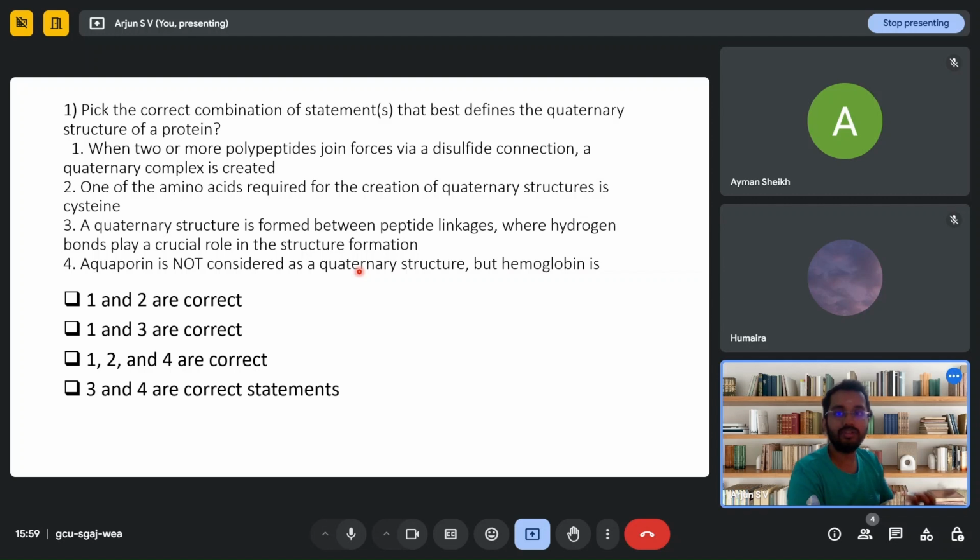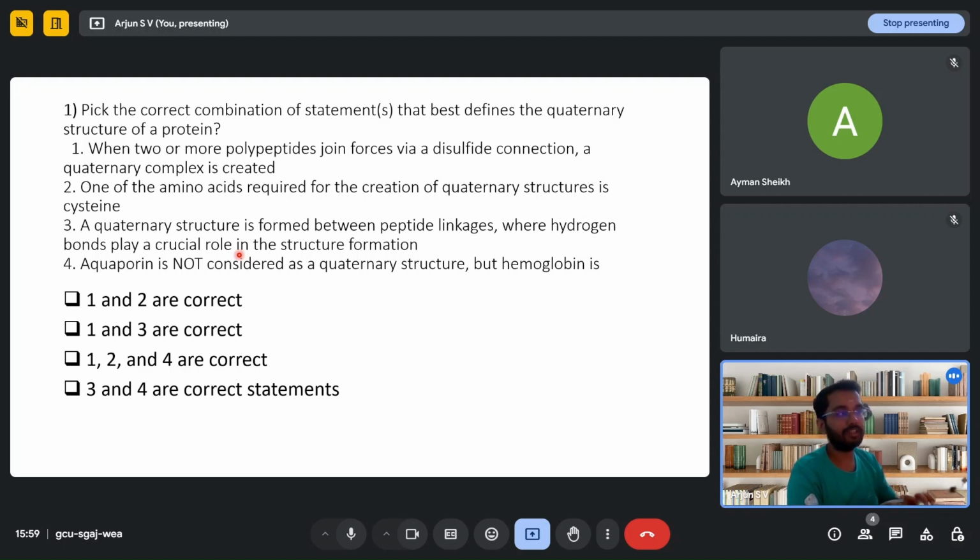So which one of them best defines the quaternary structure? Statement four, that aquaporin is not considered a quaternary structure, is false, because aquaporin is considered a quaternary structure. Statement three is also false, because hydrogen bonds most likely form in tertiary structures.